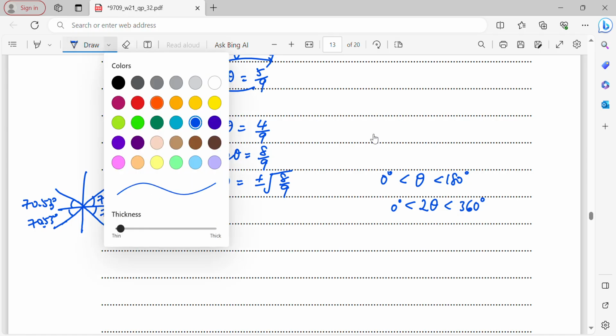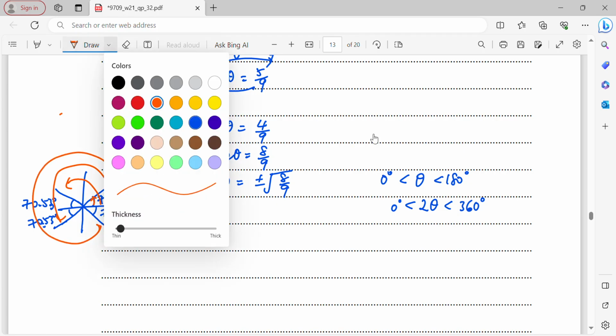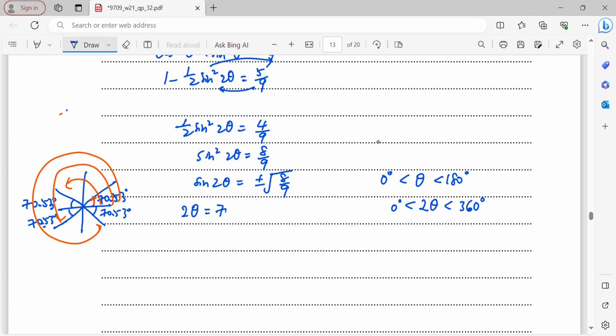Alright, so now based on this, my first angle is 70.53, my second angle is here, my third angle you have to plus, and the fourth angle you have to use 360 minus the basic angle. So I will get 70.53 degrees. Then when you use 180 minus that, okay, let's say I do step by step.